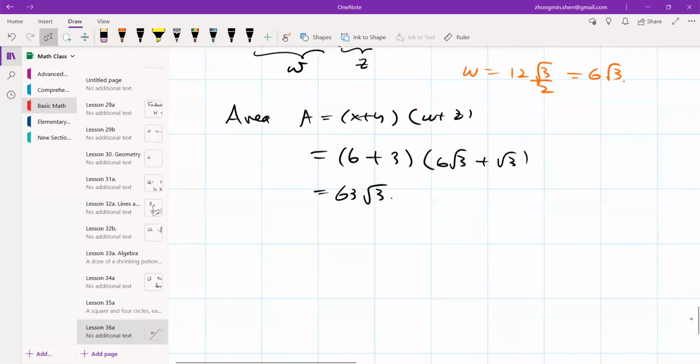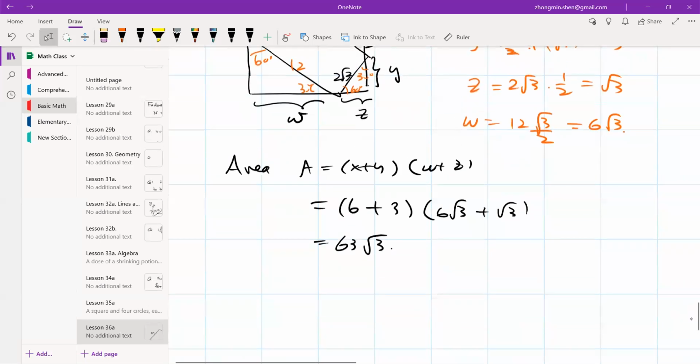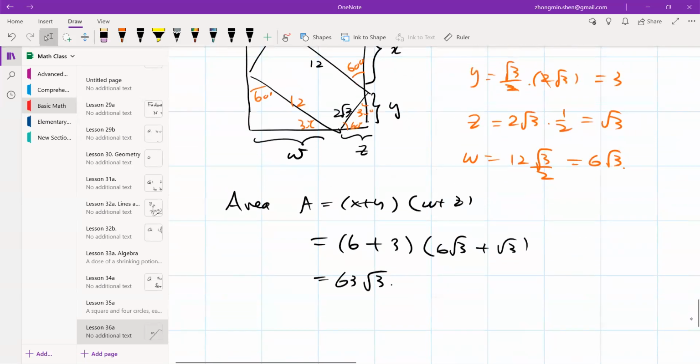Can you prove the special right triangle? The three sides are related by the above formula.